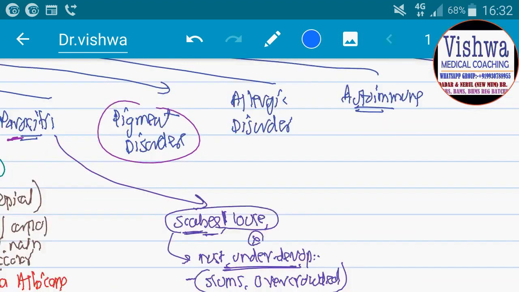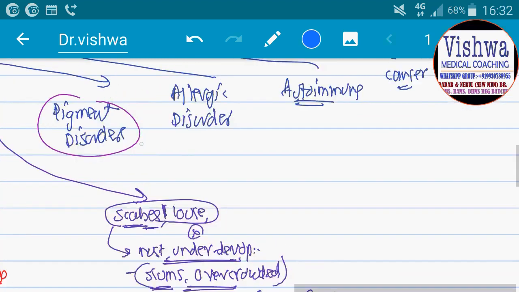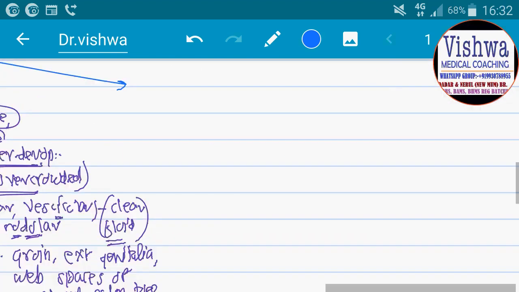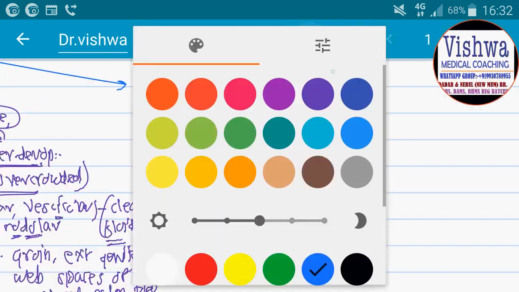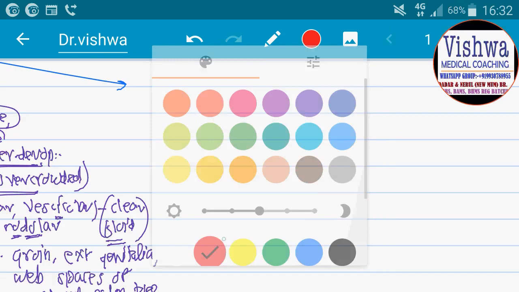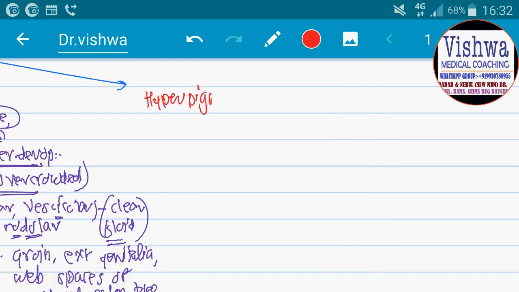Skin disorders, like we also have pigment disorders. Let's take pigment. Of course, there are a few pigment disorders which are important. We can have hyperpigmentation and we can have hypopigmentation.